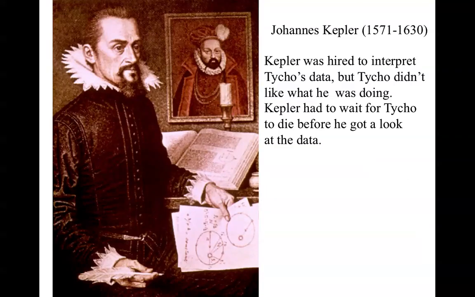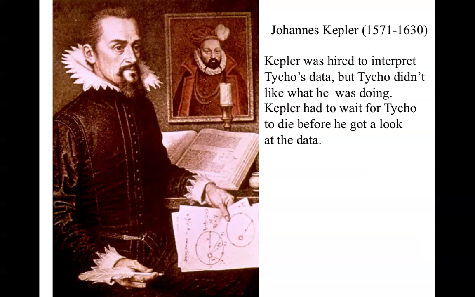Tycho was not much of a mathematician, and he hired a young assistant, Johannes Kepler, who was born in 1571 and died in 1630. Kepler was hired to interpret Tycho's data, but Tycho, as you will recall from last time, had a pretty fixed idea of what the solar system looked like, this Tychonic universe where the sun orbited the Earth, but the other planets orbited the sun.